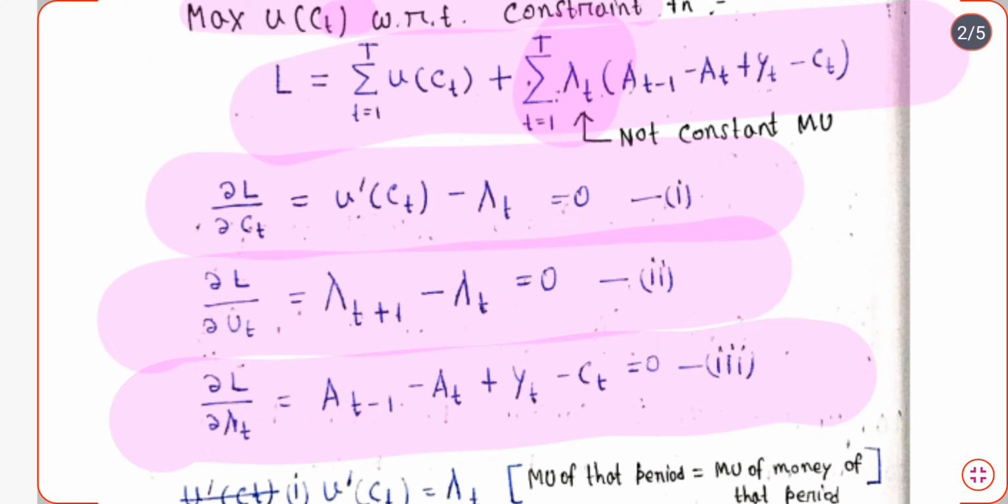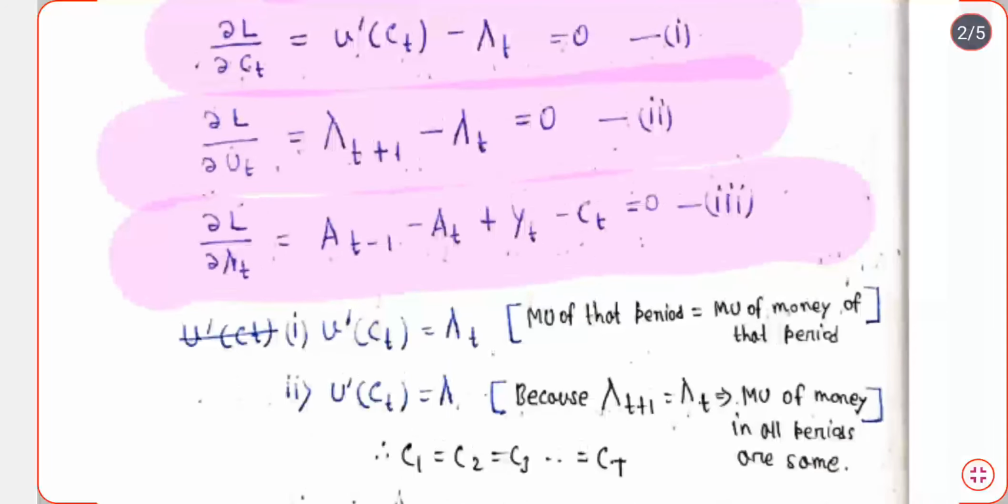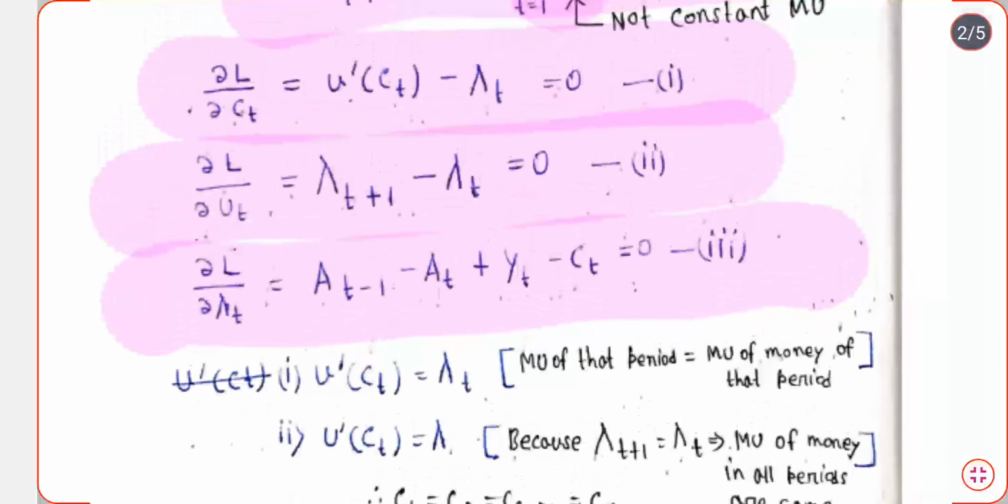Now what are the generalizations that we have actually obtained from these equations? U dash CT is equal to lambda t. That means marginal utility of consumption in that period is equal to marginal utility of money in that period. Lambda t is the marginal utility of money. And U dash CT is equal to lambda.